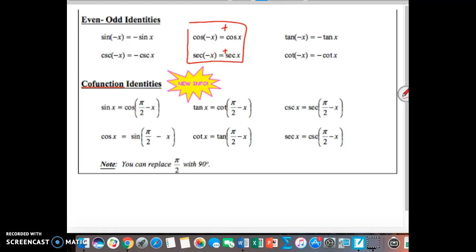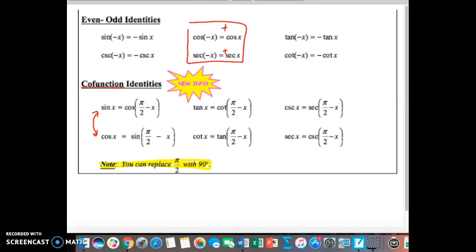So these two, we can switch back and forth. The same thing goes for tangent of x and cotangent of x, and also for cosecant of x and secant of x. It's also important to understand that you can replace that pi over 2 with 90 degrees. So this works for radians and degrees. It's an important point to highlight.